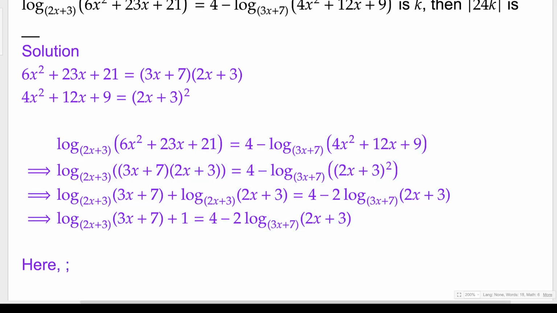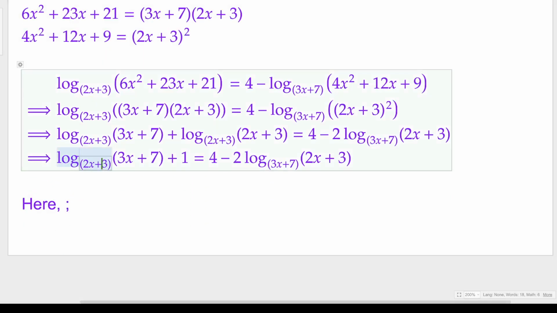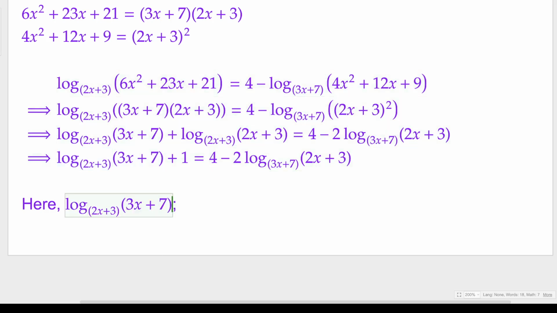Now here you can observe log base 2x plus 3 with argument 3x plus 7.